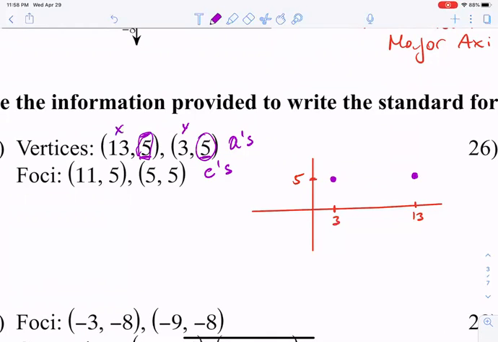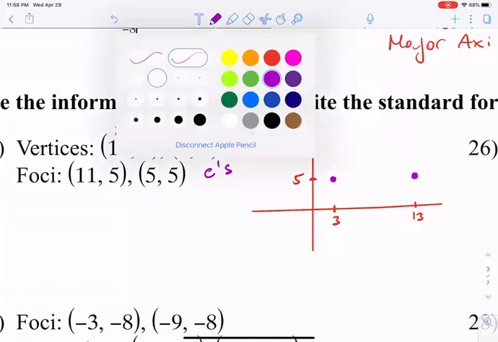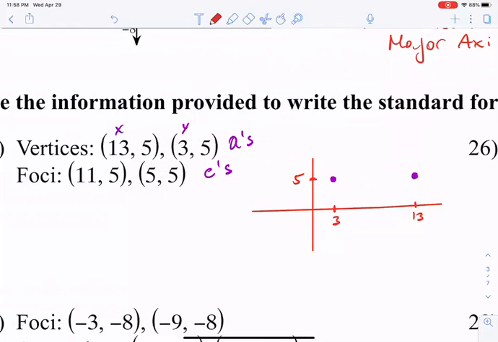So that's the reason I labeled them A. Let's go back to whatever we're doing. Now I have to graph this, right? At this point, I know what's A. If you already know that this is a horizontal major axis, usually if they're not asking me to draw the picture, I draw a rough picture right away.